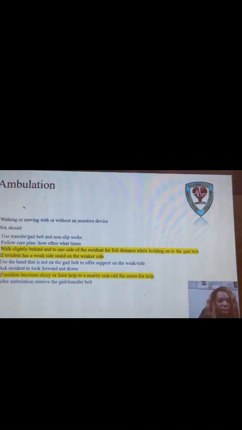Use the hand that is not on the gait belt to offer support on the weaker side. You want to ask that resident to look forward and not look down when you're ambulating them. Remember, if the resident becomes dizzy or faint, help them to safely and neatly sit where they are and call the nurse for help.